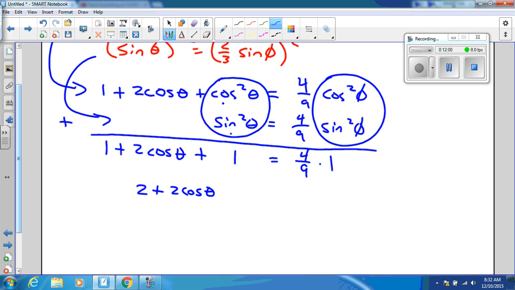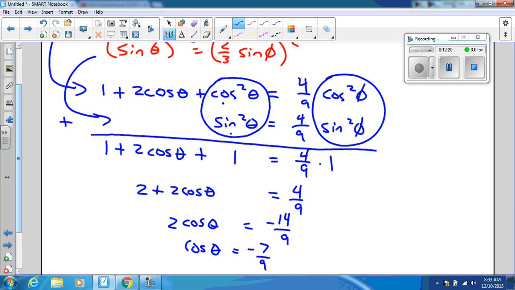And lo and behold, my variable phi drops out of the equation, and I end up with a really nice, simple equation. 2 plus 2 cosine theta is equal to 4/9, or 2 cosine theta is equal to, do the subtraction, 2 is the same as 18/9, so negative 14/9, or cosine theta is equal to negative 7/9.